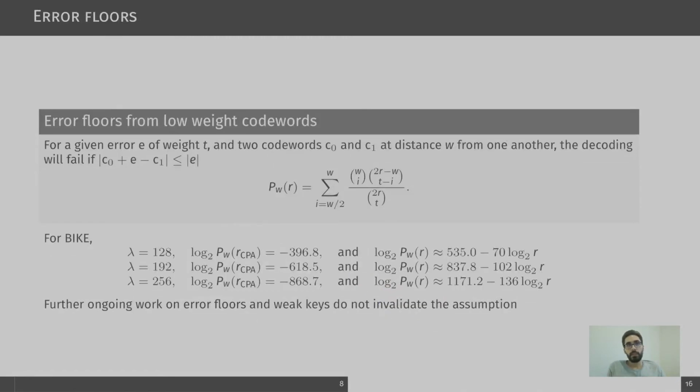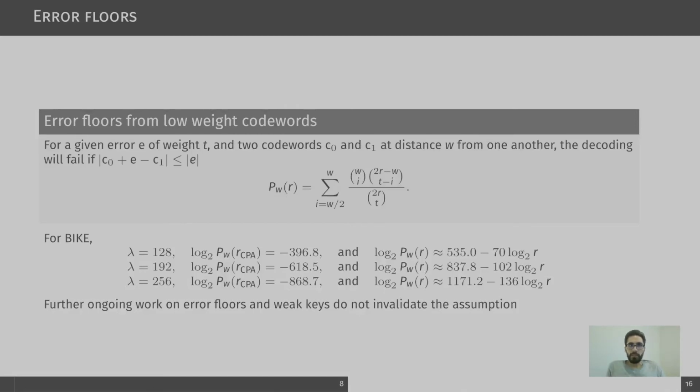One origin of this phenomenon is the low-weight codewords. By construction, in an MDPC code, you have many low-weight codewords, and if the error pattern, so the message that you encrypt, is in some specific configuration regarding these codewords, it can lead to a decoding failure. But the probability of being in such a configuration is really small.